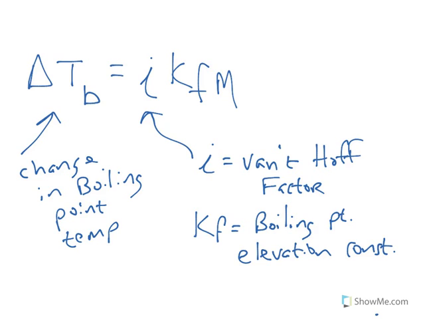So water, chloroform, ethanol, they all have different boiling point elevation constants, and you can find those constants in your textbook at table 11.2. Along with those boiling point elevation constants, you'll also find the boiling point of the solvent at 1 atmosphere. For water, we all know it's 100 degrees C, but for the boiling point of ethanol, table 11.2 will help you find that.